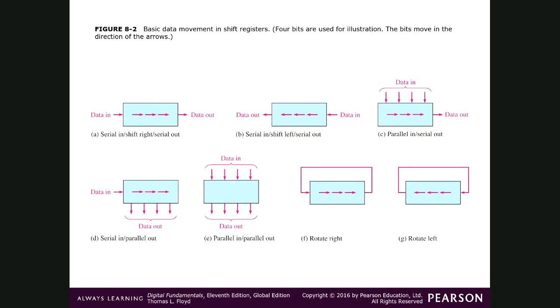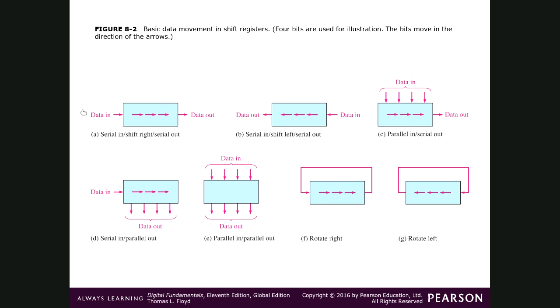What are the types? See here. There are 4 important types. First type is serial in and serial out. Serial in means the data is coming serially. Serially means 1 by 1. For example, assume that this is your room. There are 3 students here.